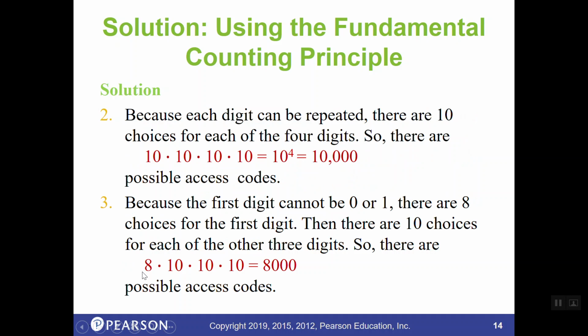You remove 2, which are the 0 and the 1. The other ones do not have any restrictions. Therefore, you have 10 for the second choice, 10 for the third, and 10 for the fourth number. So you multiply 8 times 10 times 10 times 10, and that gives you 8,000 possible access codes.